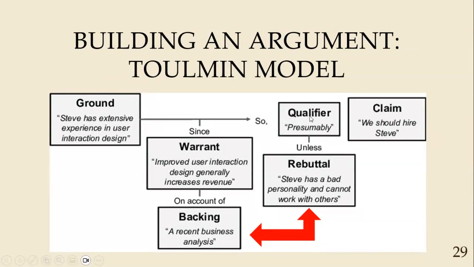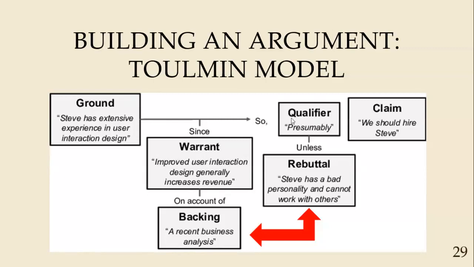You want to use a qualifier, presumably, or there's a bunch of different words you could use here, but what you want to avoid is a universal qualifier like always or none. You would have to be very confident to use those, but generally you should have some sort of presumably, because again, we are writing about controversial topics here.